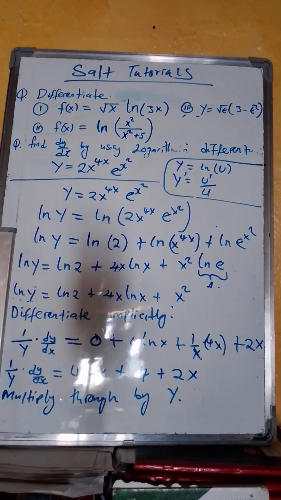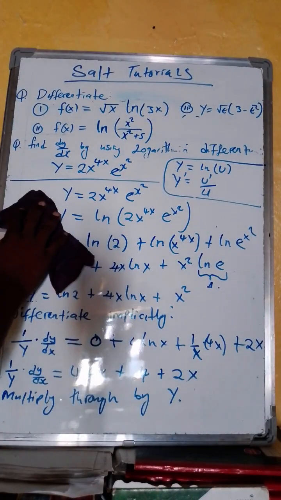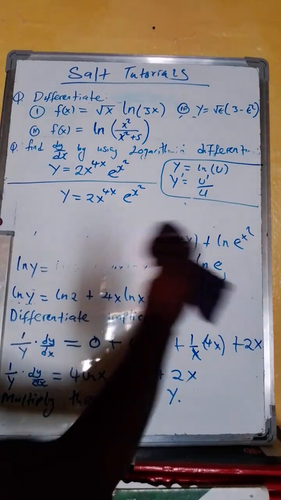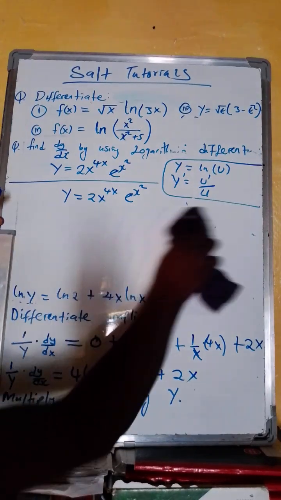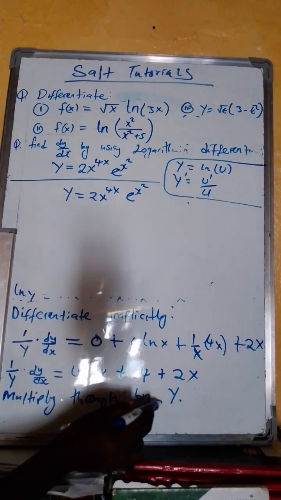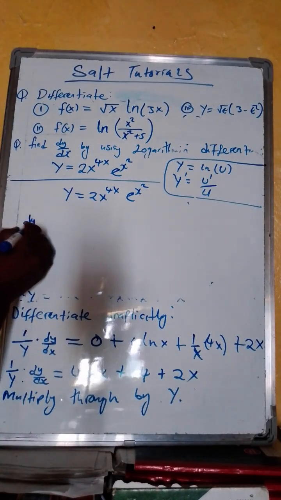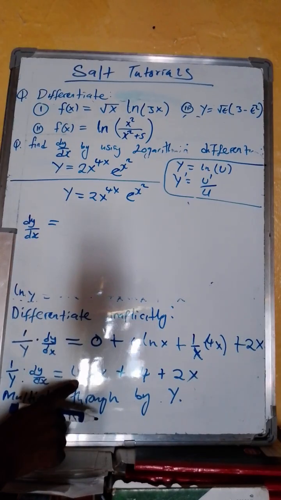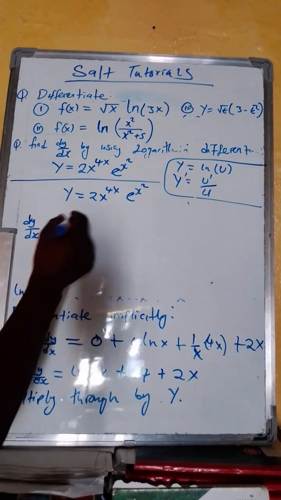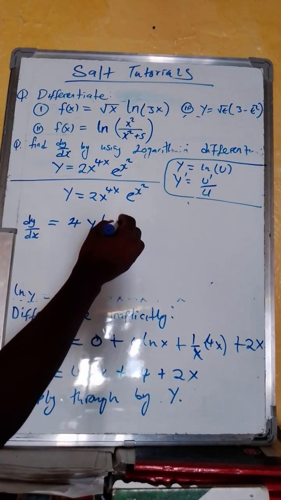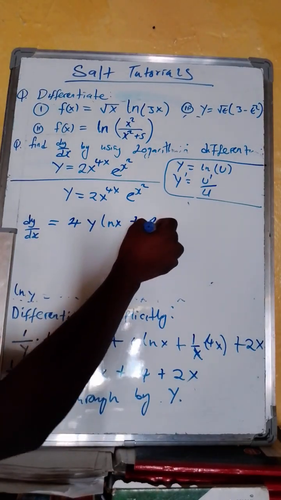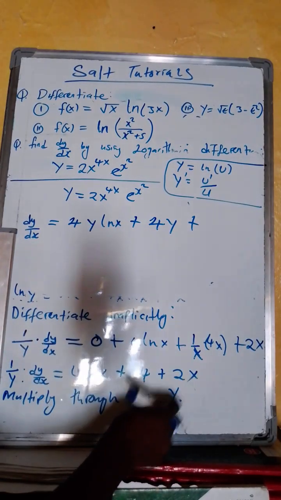So multiplying throughout by y, y times this will remain with dy dx on the left hand side, equal to 4 times y. We're going to have 4 multiplied by this y multiplied by the natural log of x plus 4 times this y, we're going to have 4y plus 2x times this y, we're going to have 2xy.